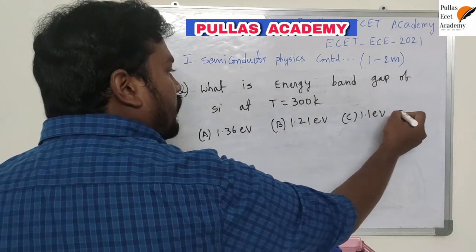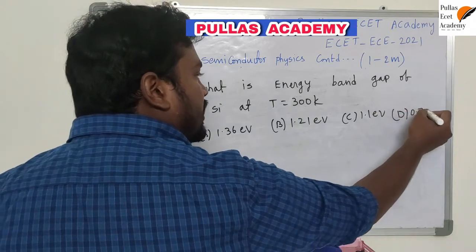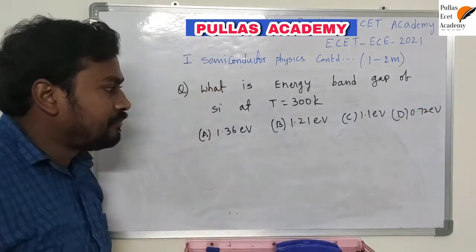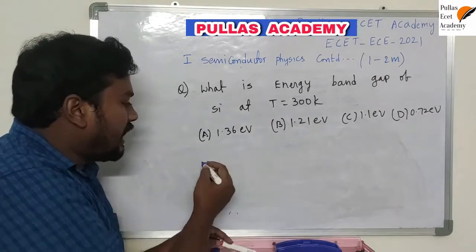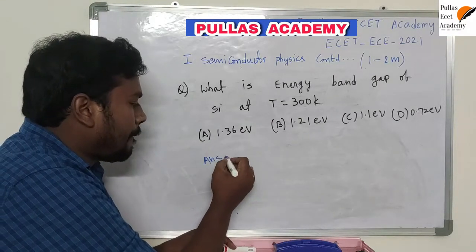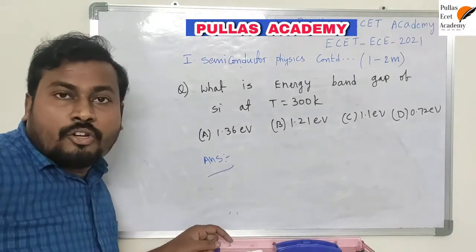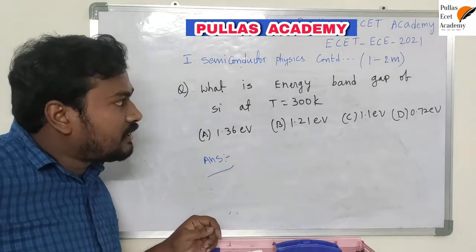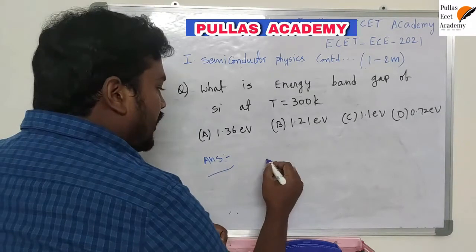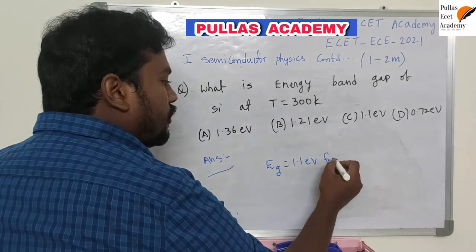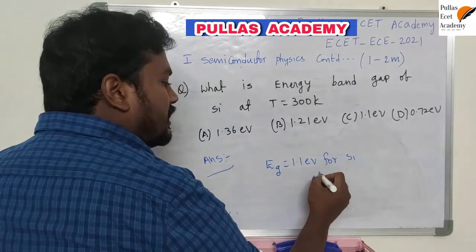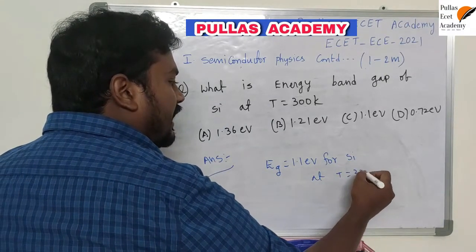Option C is 1.1 electron volt and 0.72 electron volts. Okay. So tell me what is the answer for this? Very good. So Eg is equal to 1.1 electron volts for silicon at T equal to 300 Kelvin.